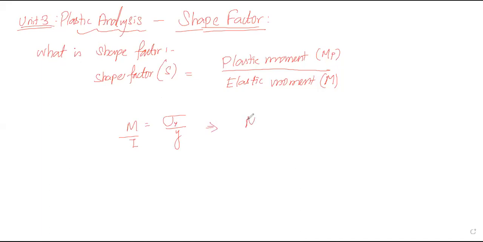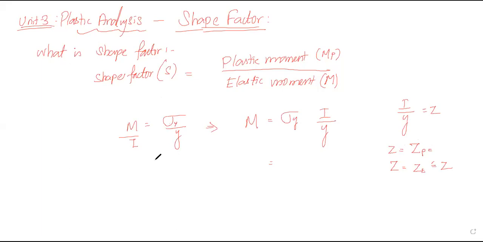So from that, M is equal to sigma Y into I by Y. So this I by Y is nothing but Z. Okay. So with respect to Z, if it is plastic, then we are going to say Z is equal to ZP. If it is at elastic state, we are going to say it is ZE or Z.